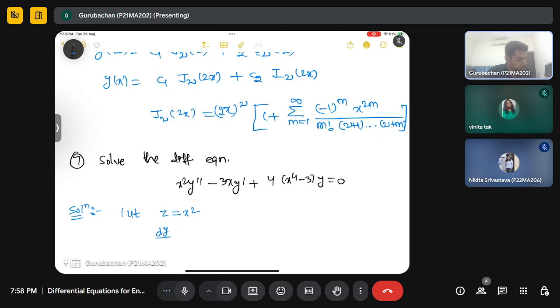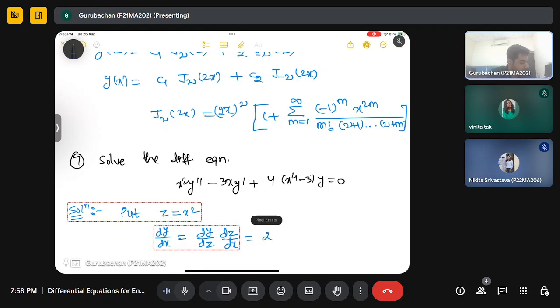So your dy by dx will be dy by dz, dz by dx. So what will be your dz by dx? This will be 2x, or you can say the value of x will be under root z, so 2 under root z dy by dz.